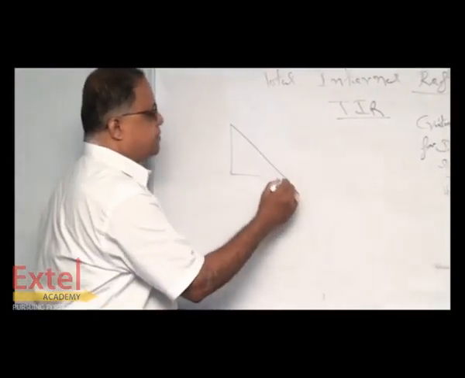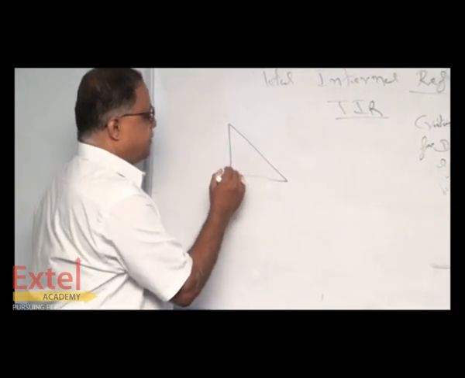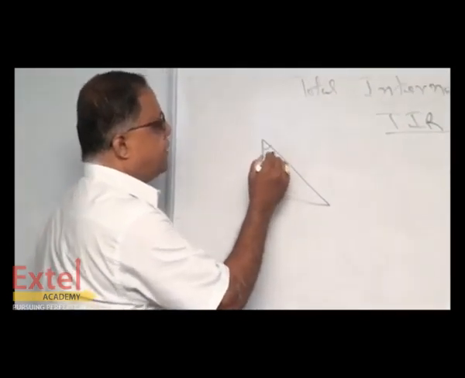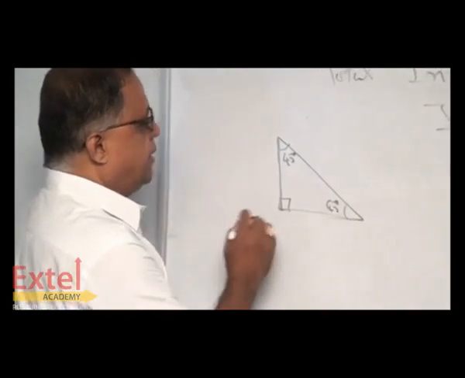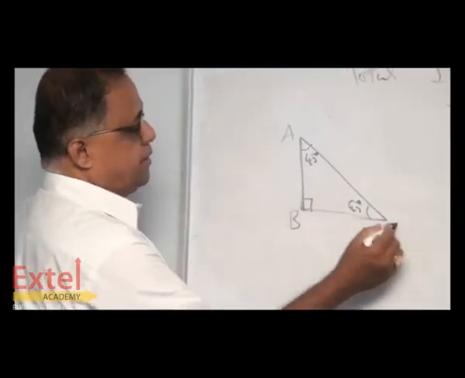There is a right angle prism, and here the angle is 45 degree, here also 45 degree, and we call it ABC.